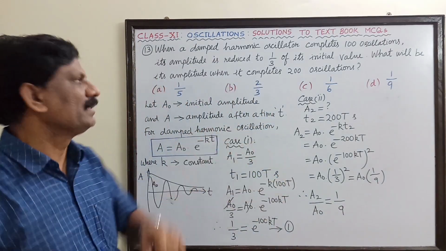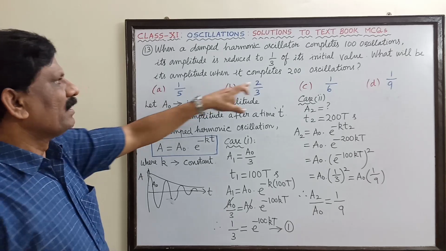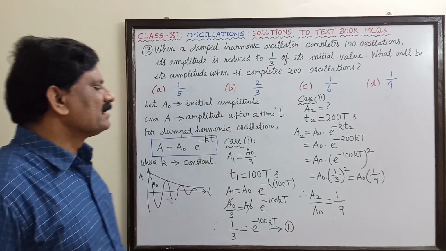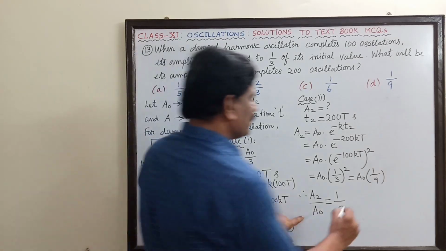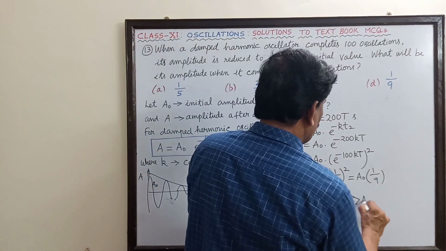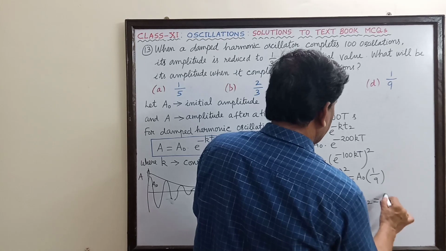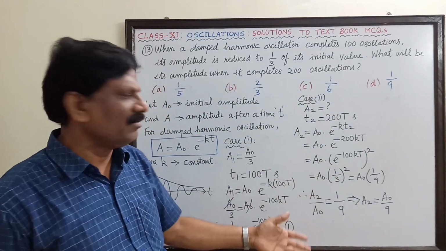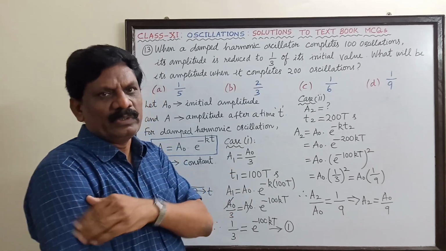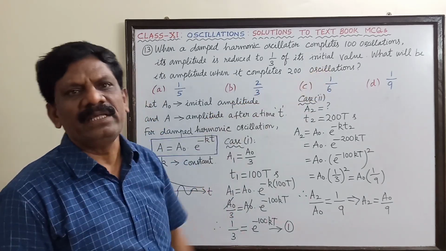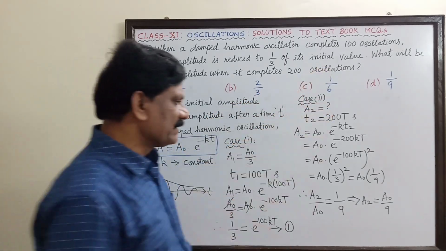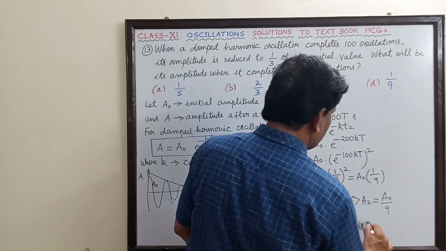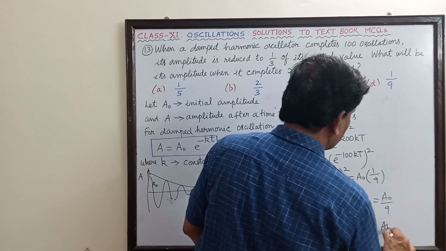This is the expected answer. After the completion of 200 oscillations, A2 is equal to A naught divided by 9, so the amplitude will be 1/9 of the initial amplitude. So option D, 1 by 9, is the right answer.